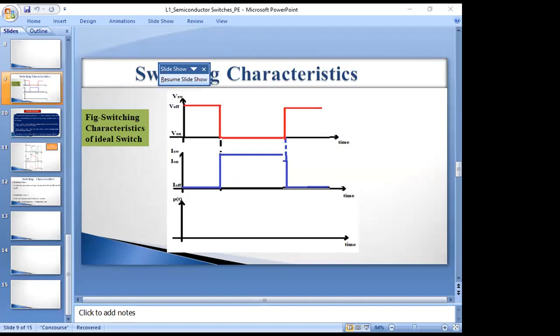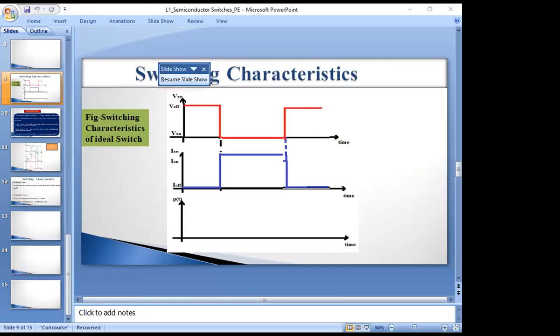Online, anyone please. Okay, voltage is maximum. Is it right? When the switch is off, in open position, open means off. What happens in off? Voltage remains present.